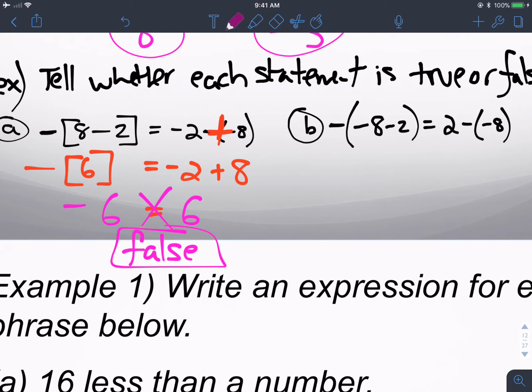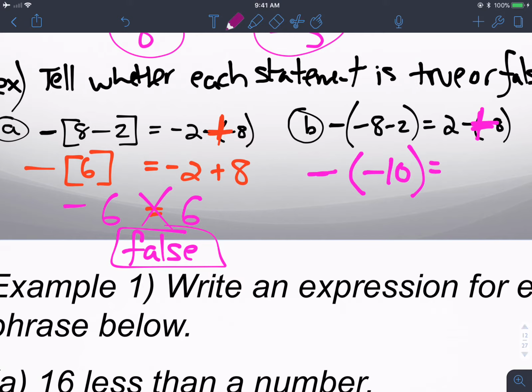On the right, I have negative 8 minus 2. So that will be negative 10. On the right side of the equation, I have 2 minus a negative 8, double negative again.